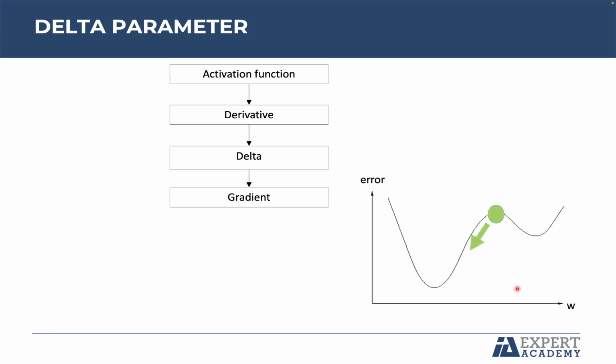Returning to this graph, the weight is on the x-axis, which is represented by the letter W, and the error is on the y-axis. These calculations will indicate the directions of the weights update, avoiding the local minimum here and moving towards the global minimum here.